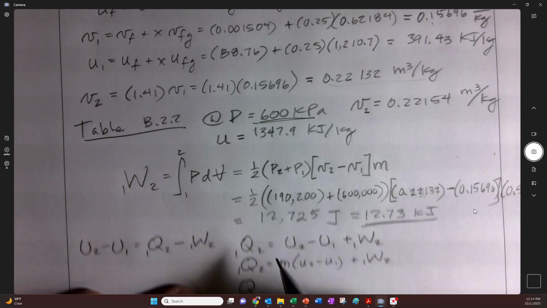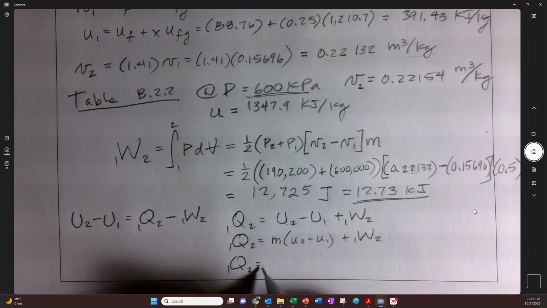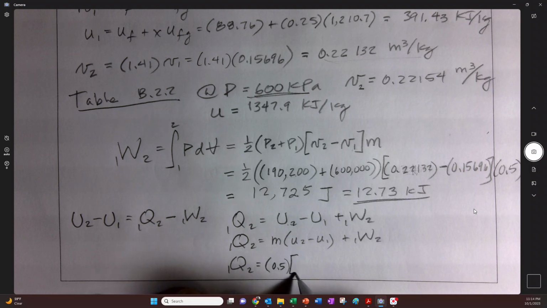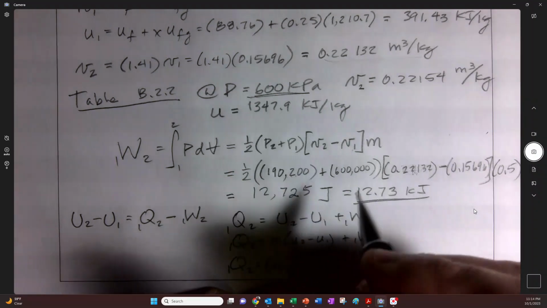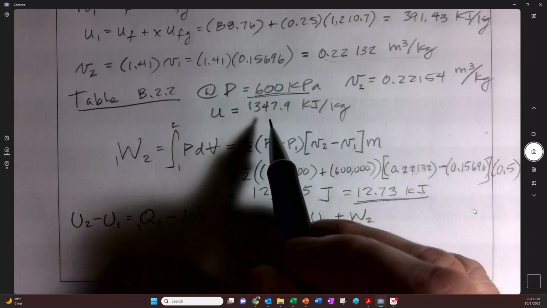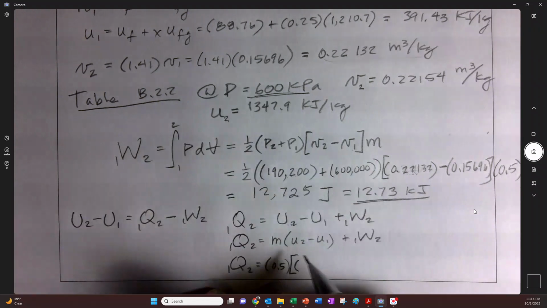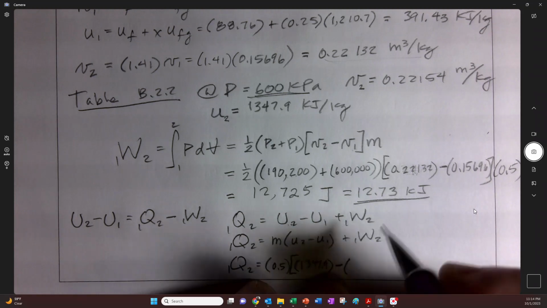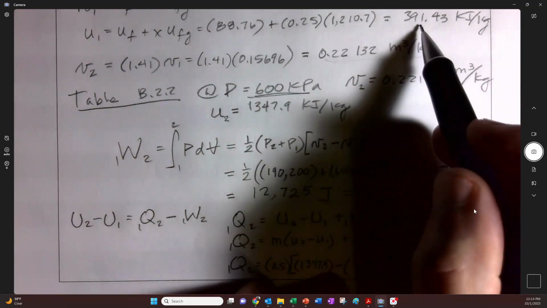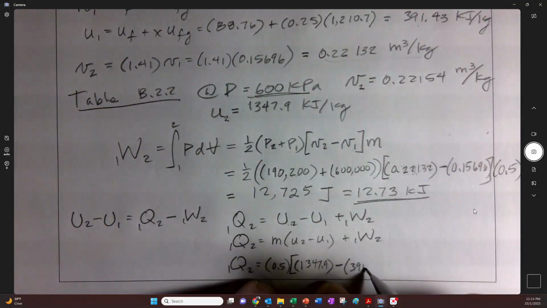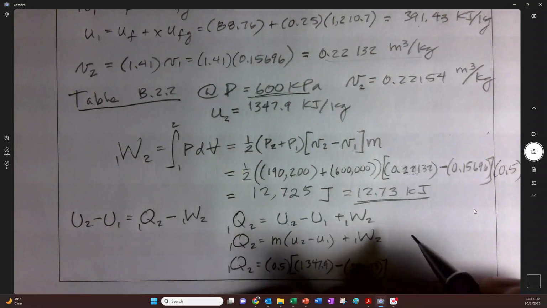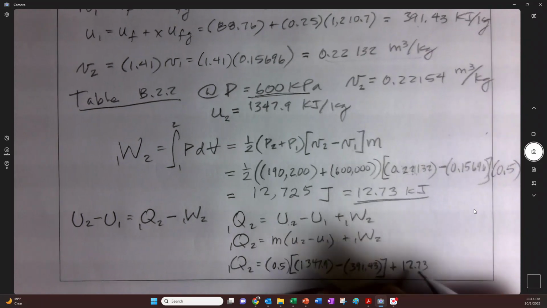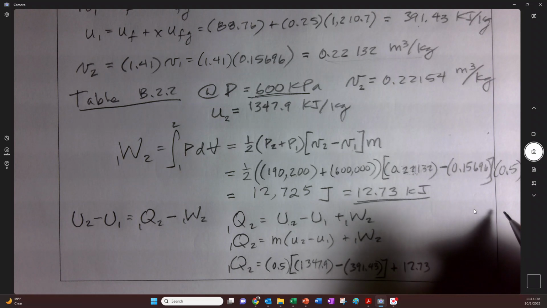So Q12 is equal to the mass, which we established was 0.5, times what we found U2 was right up here. So this is U2, 1347.9, minus 391.43, boom, and then plus 12.73, and did we get it right?